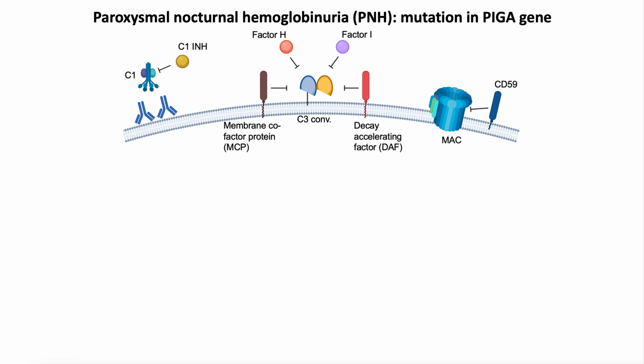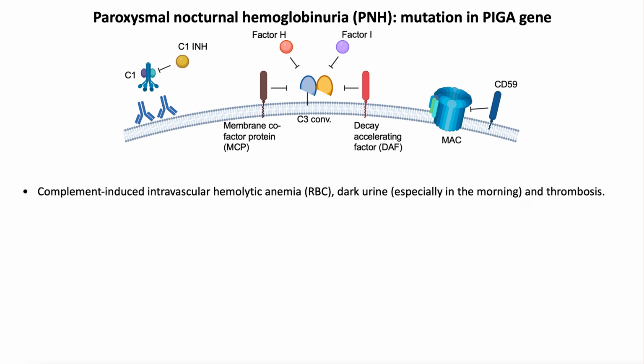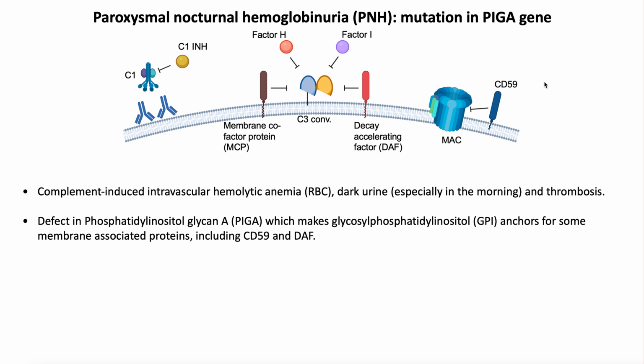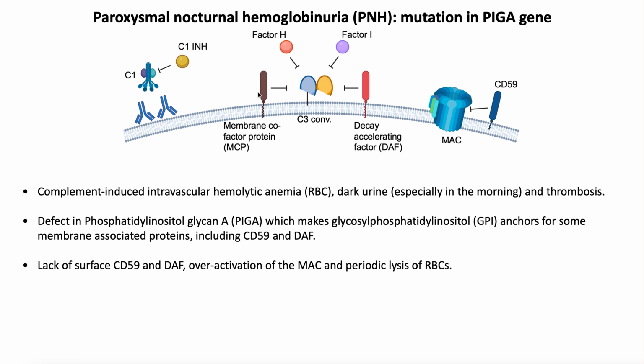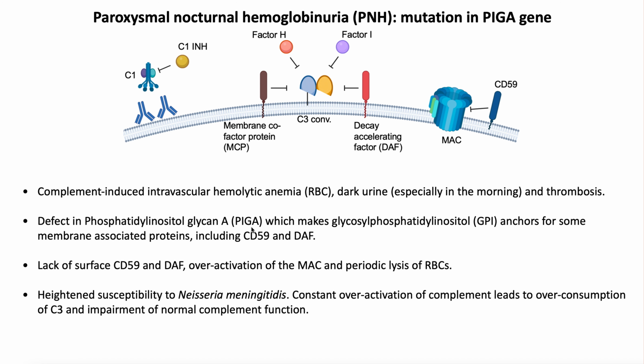Another complement-related disease is paroxysmal nocturnal hemoglobinuria. This results from mutations in the PIG-A gene, which forms GPI anchors for two inhibitory molecules, CD59 and decay accelerating factor. And so in the absence of PIG-A, these molecules are no longer tethered to the cell surface, and so this leads to overactivation of the membrane attack complex.